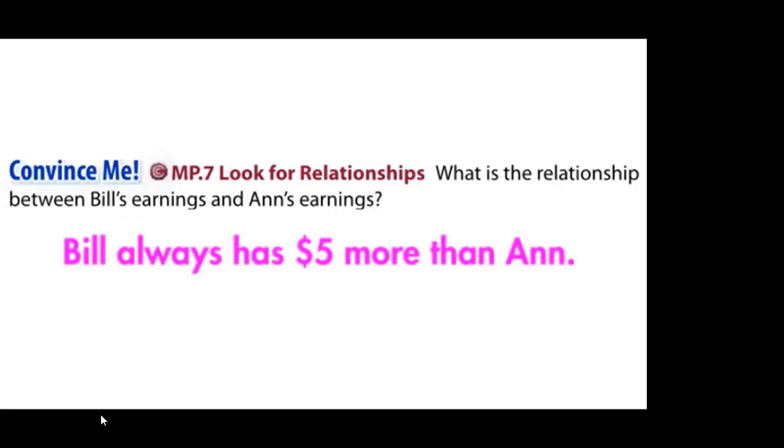So each time you add 5 to Ann's earning to get Bill's earning. So the relationship is Bill always has 5 more than Ann, and more than here means plus. Okay, my dear? Anything else, Tahir? No, thanks.